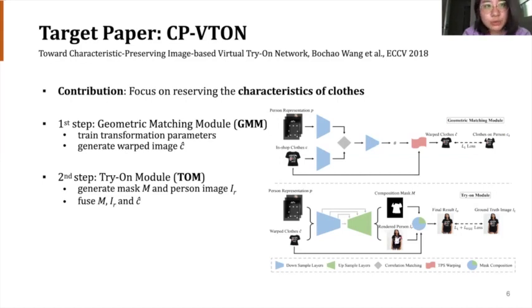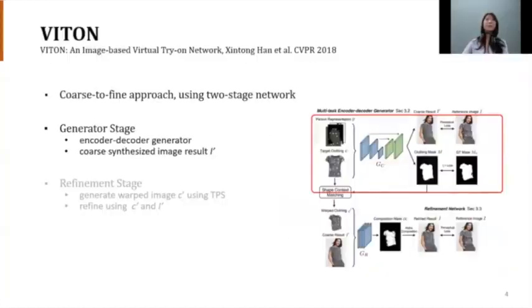Next presenter will explain related works to CP-VITON, which we are going to compare with. Okay, so let's start with the previous work first. VITON is a prior version of CP-VITON, so it uses a generator and refinement stage rather than GMM and TOM models. The generator stage is similar to the TOM model, so it generates the first image.